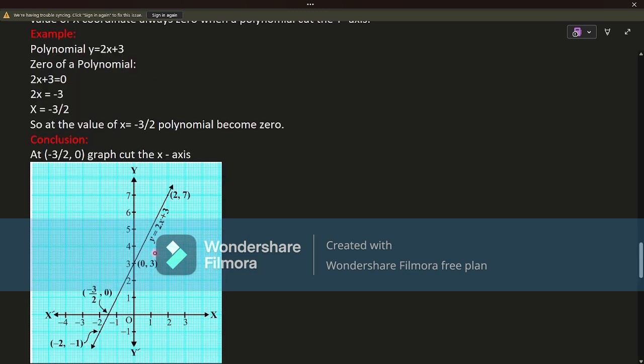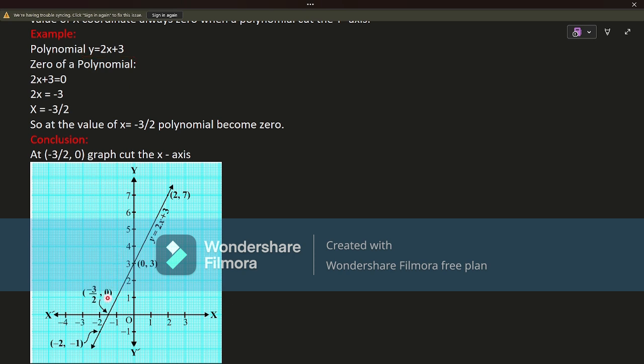y equal to 2x plus 3. This is a linear polynomial, so we got a straight line. So one conclusion we draw: at the same time, it has the zero of the polynomial at -3/2. It means by substituting -3/2 in this expression, we'll get 0.